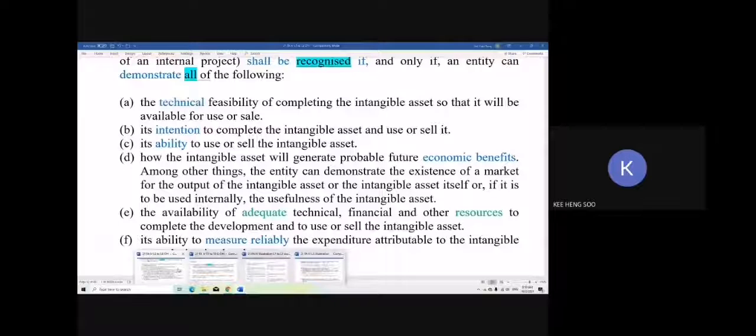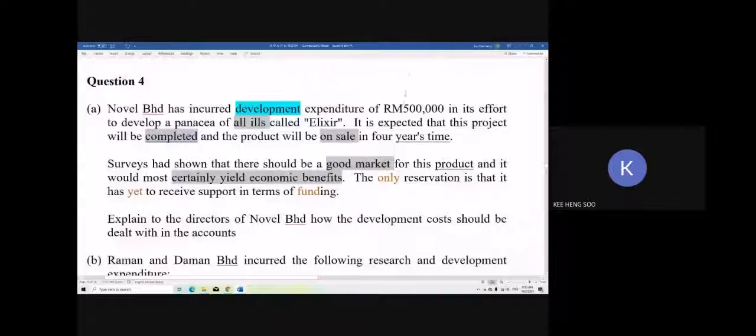So this one, 500,000 can be measured reliably. If you have this tutorial question, can you see that you fulfill A, B, C, D, and F.